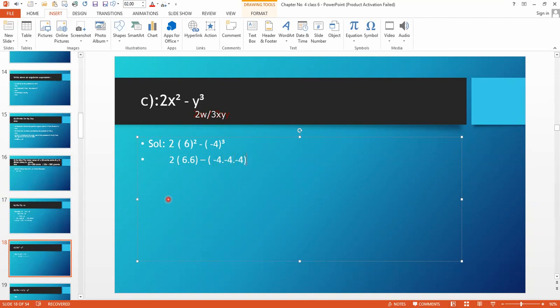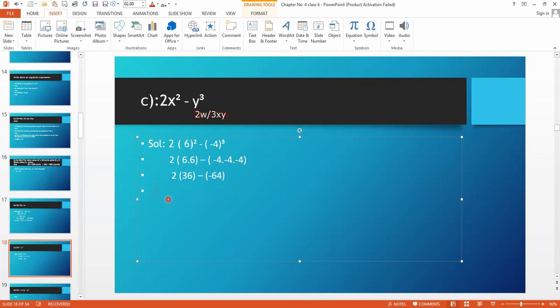As all of you know, cube means you have to multiply the same number 3 times. So 6 sixes are 36. Now we move towards the next bracket. Minus into minus is plus, plus into minus is minus. 4 fours are 16, 16 fours are 64.